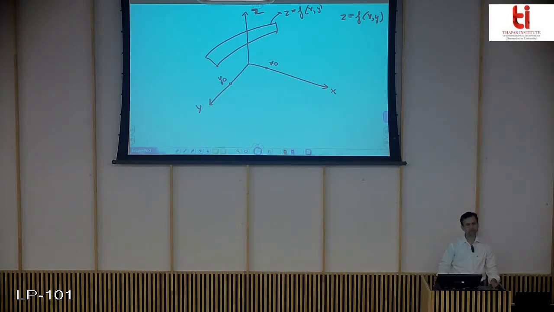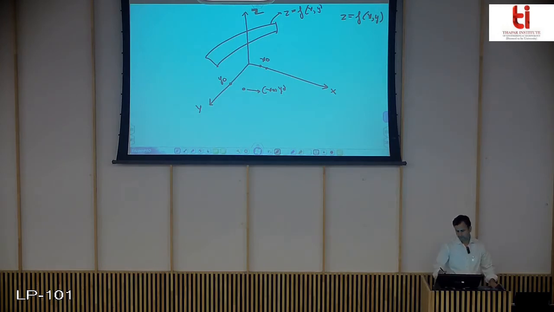So this is x0, this is y0. Let me make it closer to the origin. So the point (x0, y0) on the xy plane will be lying like this.